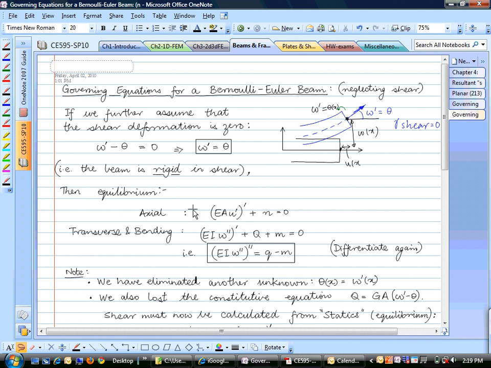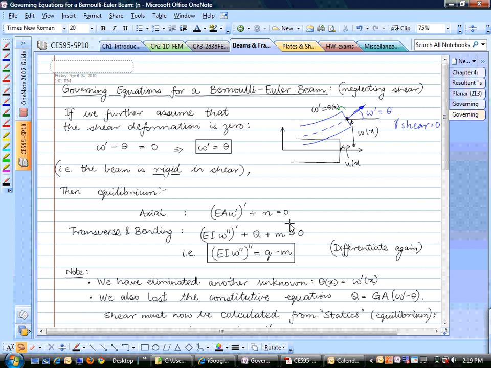So since we have eliminated the shear, essentially what we are saying is that the beam is rigid in shear, meaning that the two adjacent cross sections cannot slip. They will stick together. They can only open and close like this. So we have this axial equilibrium equation that is the exact same as we had before.